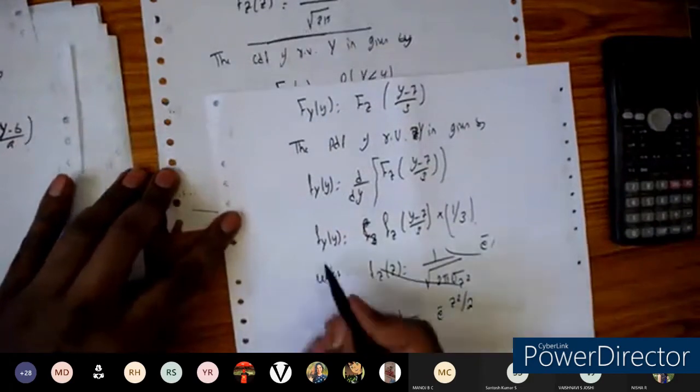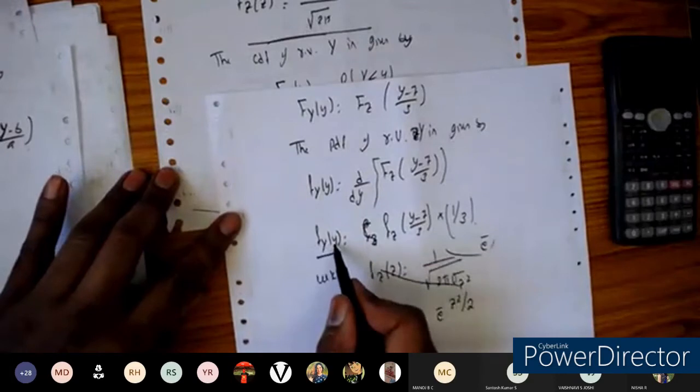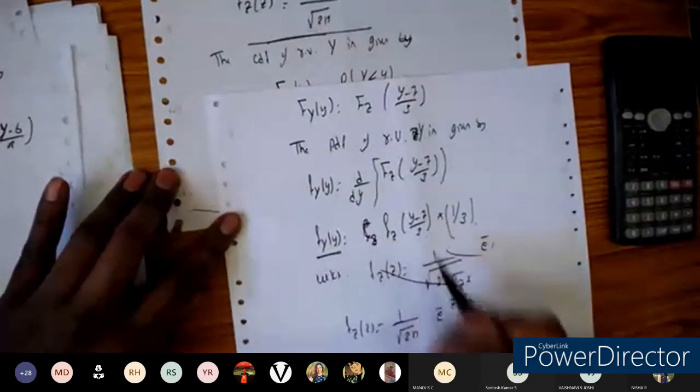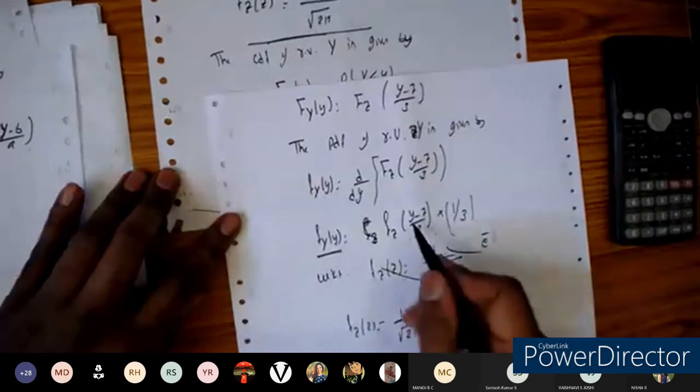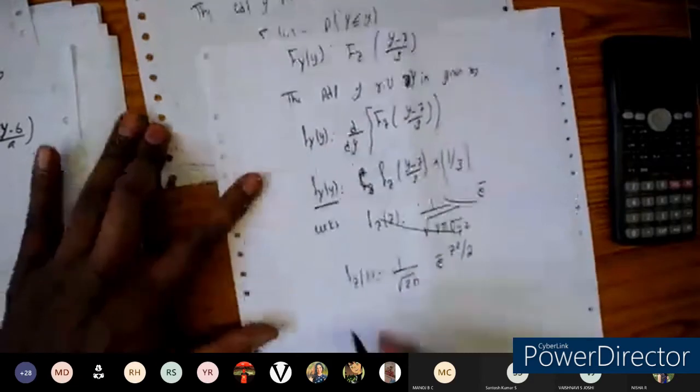Now this is the PDF we have. From this, to get fY of y, in the fZ of z we need to replace z with (y minus 7) by 3, wherever z is there, and scale this by 1 by 3. Okay, so you got it now.